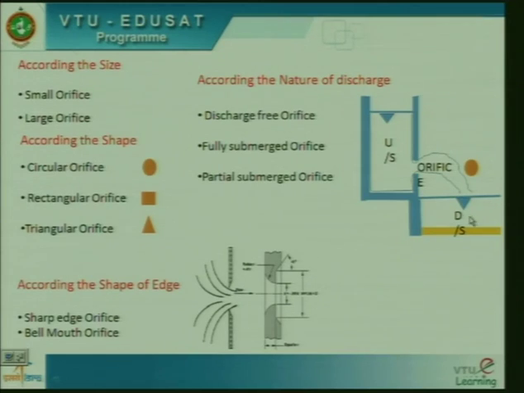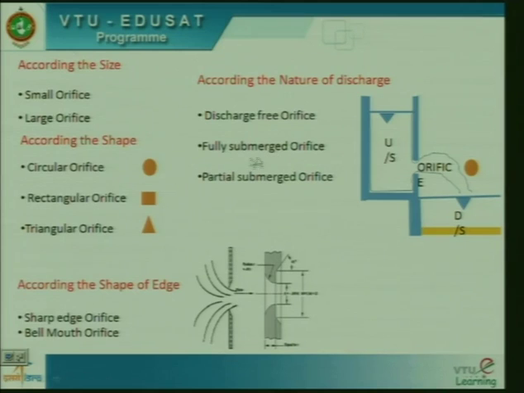This is the upstream side, this is the downstream side. The level of water on the downstream side is much below the bottom edge of the orifice. I repeat, when the orifice is discharging free, the level of water on the downstream side is much below the bottom edge of the orifice.